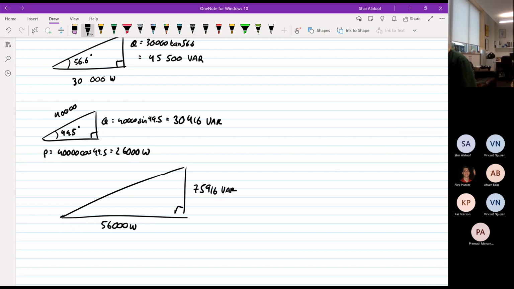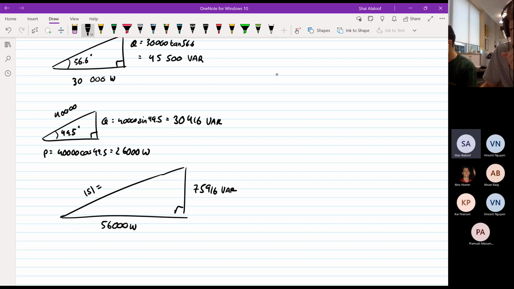VAR. It asks for all the values, so I'm just going to label the apparent power, which is the magnitude of S, which you can get by doing Pythagoras' theorem on the triangle.